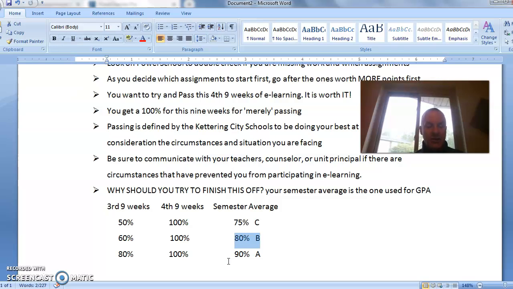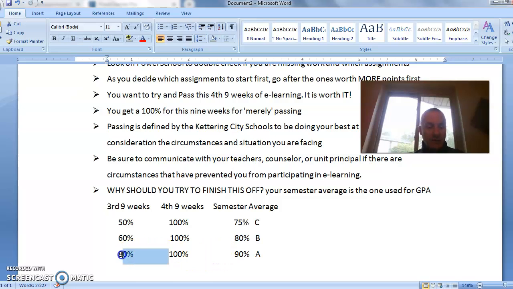There's a huge difference on your GPA between an 80 and a 60, a tremendous difference. This is a college prep class. When colleges are looking at your transcripts and they see an 80 versus 60, that 80 will be looked on favorably, much more favorably than a 60.